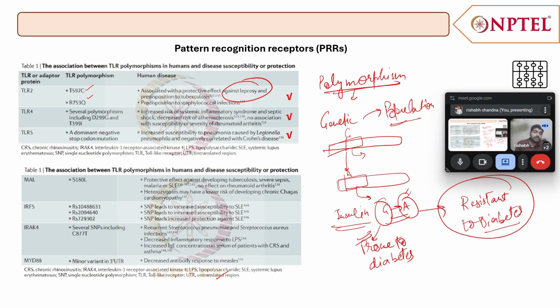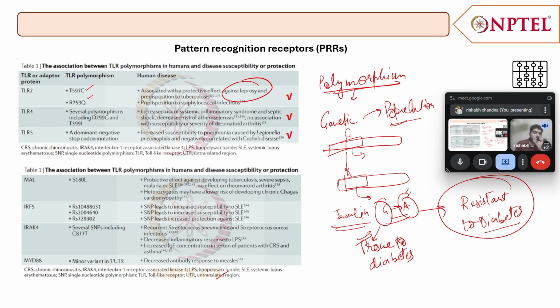And they are more prone to staphylococcal infections. Because they have some structural change that cannot recognize the staphylococcal pathogen, they can be easily infected by the staphylococcus. Then we have TLR4. It includes D299G and T399L.